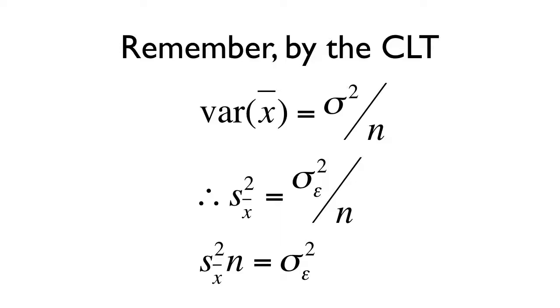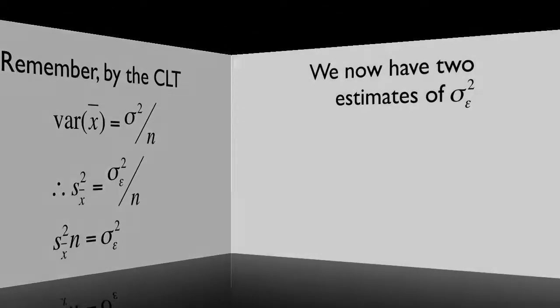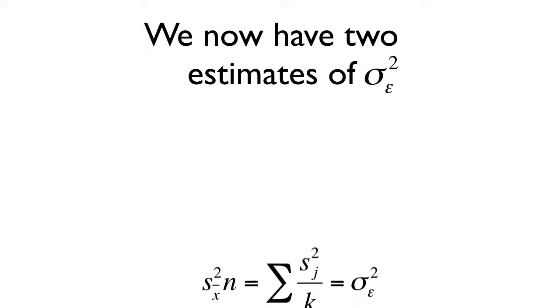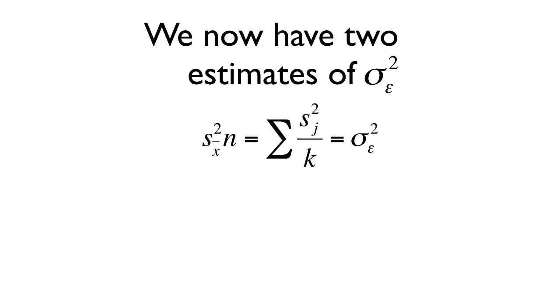It's funny, I've done two separate calculations to estimate the same thing. They both estimate sigma squared sub epsilon. We have now two separate estimates of sigma squared sub epsilon.